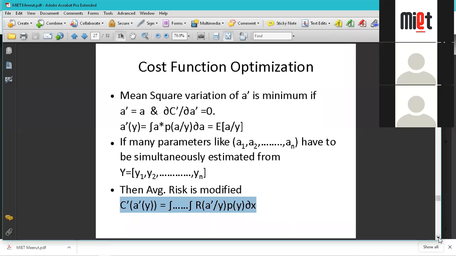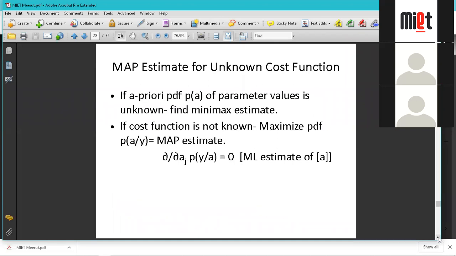Please go to the next slide. There is one more method to tackle this problem, called the MAP estimate for unknown cost function.